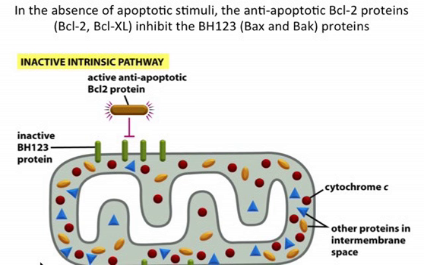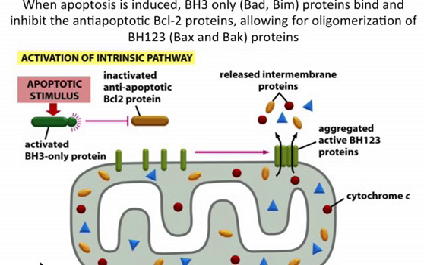When you induce apoptosis, BH3-only proteins, so this is BAD and BIM, you can think of BAD as, well, it's bad, right? Because it's going to induce apoptosis. Well, no, inducing apoptosis is good sometimes. But anyways, they bind to the anti-apoptotic proteins and allow this oligomerization.